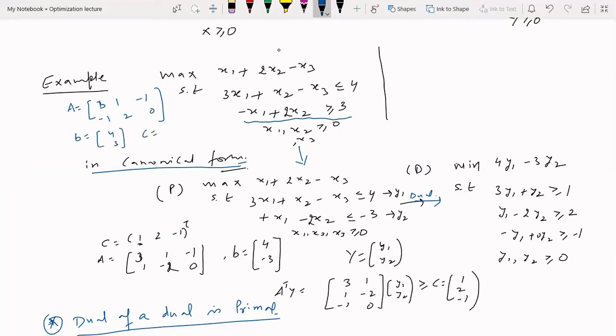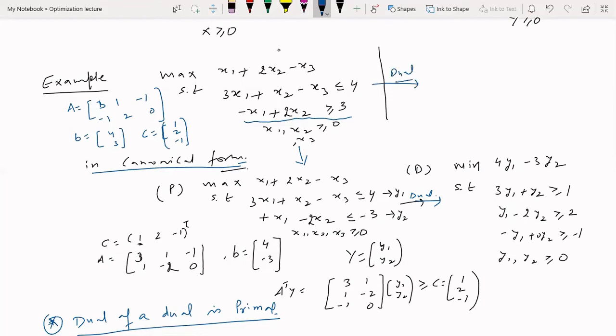You can check the C matrix as 1, 2, minus 1. It's a column vector, right? But when I wrote the dual here, you can see B transpose is 4, minus 3. But B is 4, 3 here. So where is this minus coming from if I am talking about the dual of the original problem? Because I multiplied the second constraint, so I had the actual conversion into this form. So if I wanted to know the dual of this problem, what is the dual of the original problem?